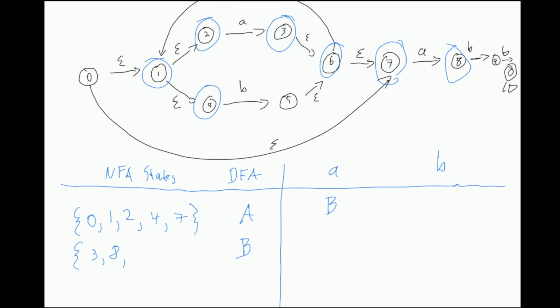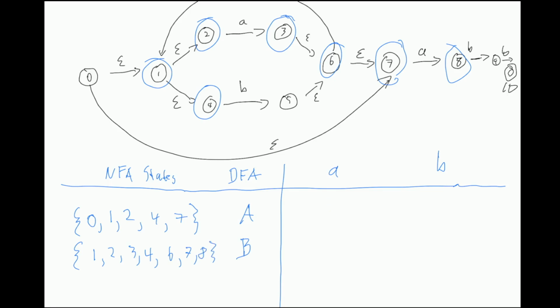So if we're in any of these NFA states and we see an A, then we're going to enter all of these states in our NFA. And so we can collect this grouping of states. So 1, 2, 3, 4, 6, 7 and 8.